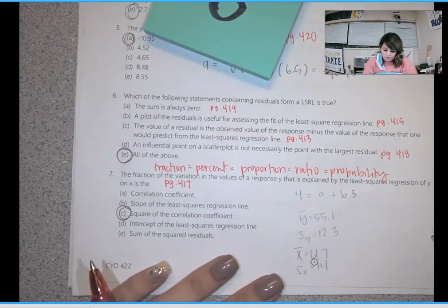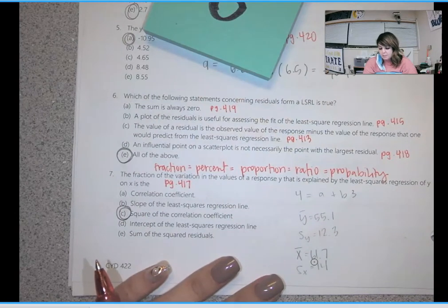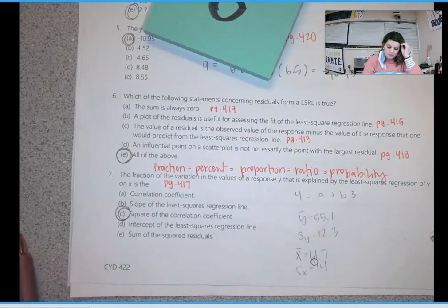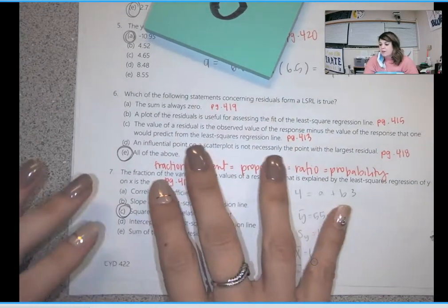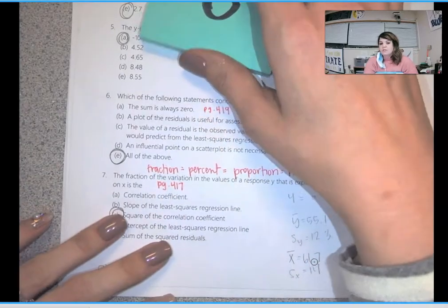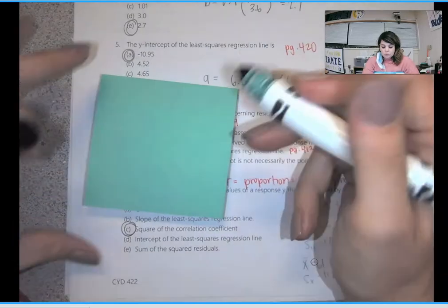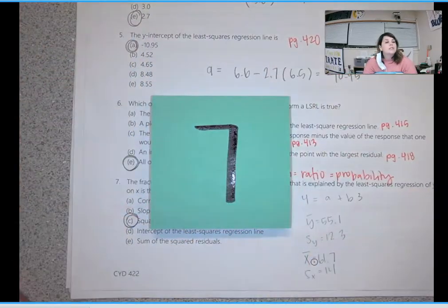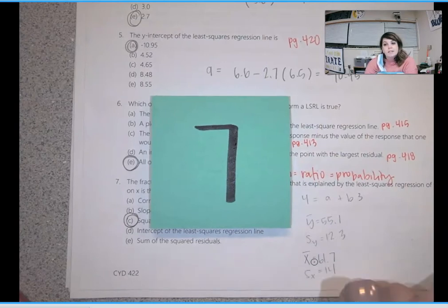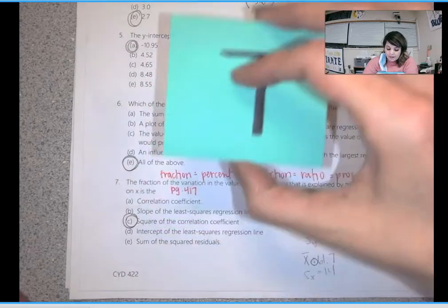Number 7, the fraction of variation in the values of a response y that is explained by the regression of y on x. So this is a very complicated way of describing r squared. It's likely that you will see this on your exam.